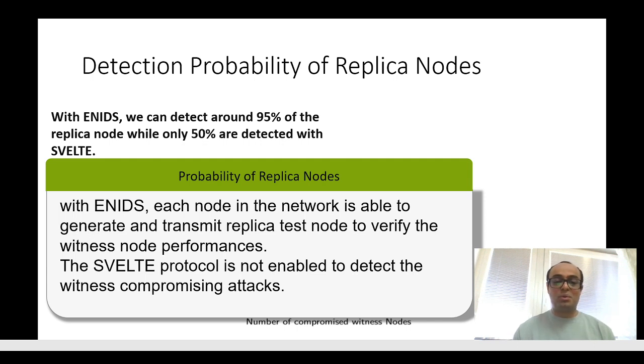But the Svelte protocol is not able to detect witness compromising attacks. For this, we have a very high probability of detection of witness compromising attacks and replica node attacks.